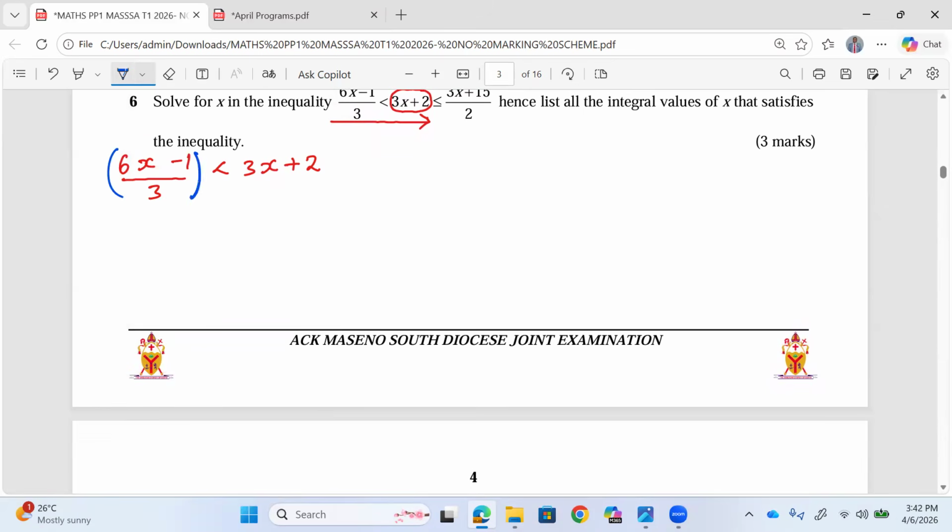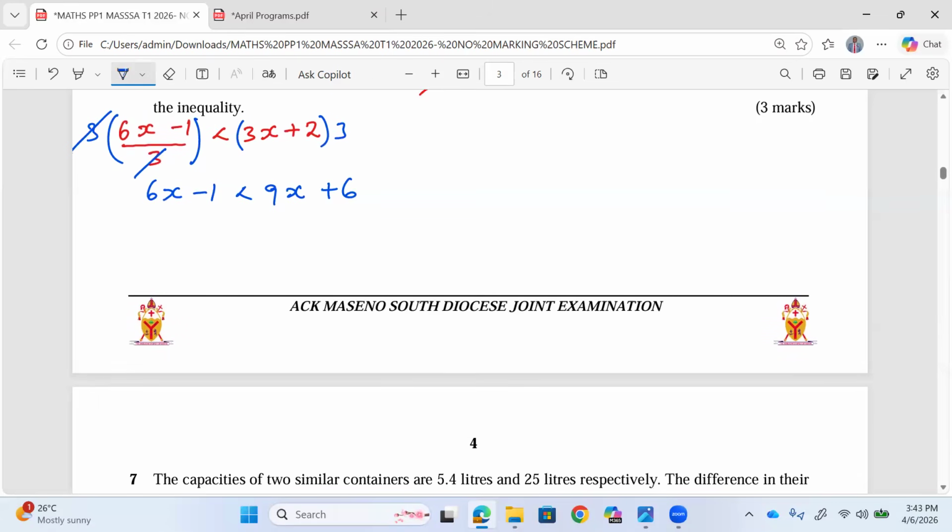We multiply by 3 and also by 3, so that it cancels on this side, and we have 6x minus 1 less than 9x plus 6. Grouping of terms together.